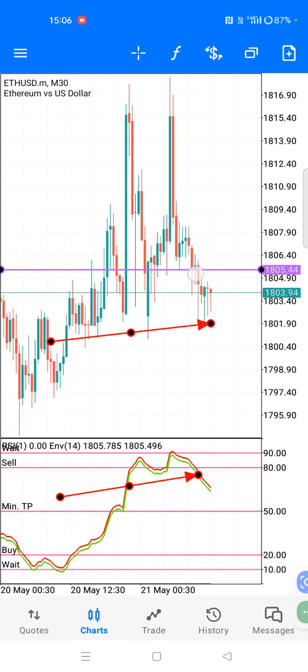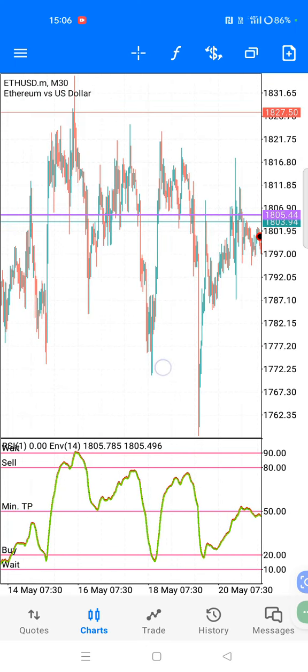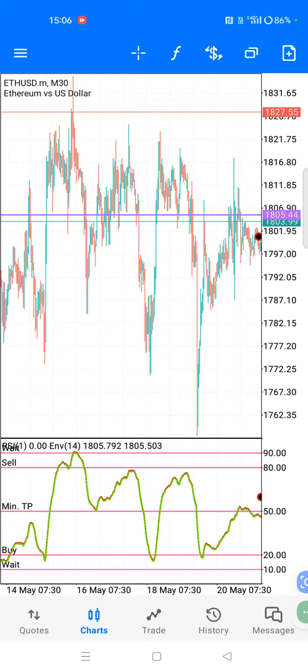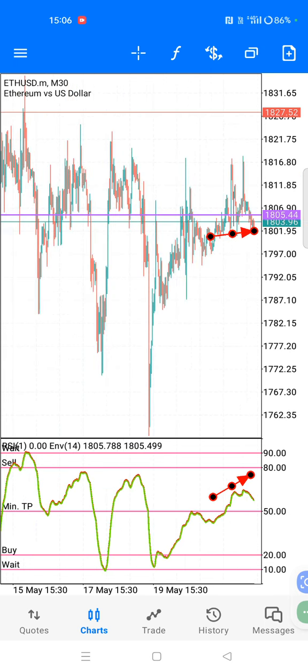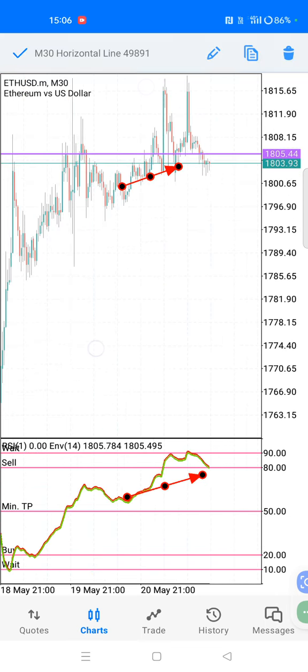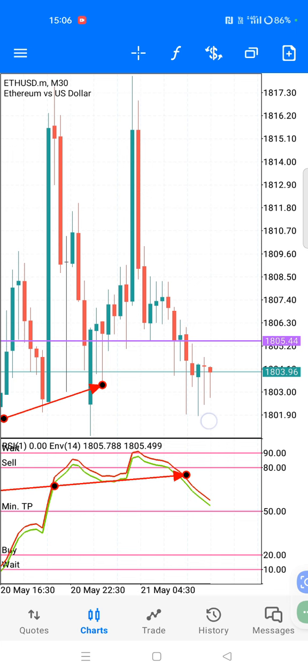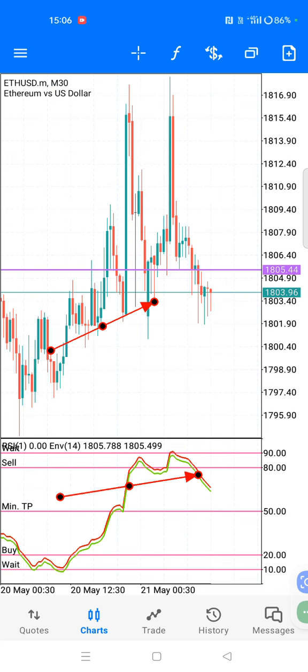This is for Ethereum. Ethereum has a big spread, so this is an example only. This is only an example of how to use the strategy.